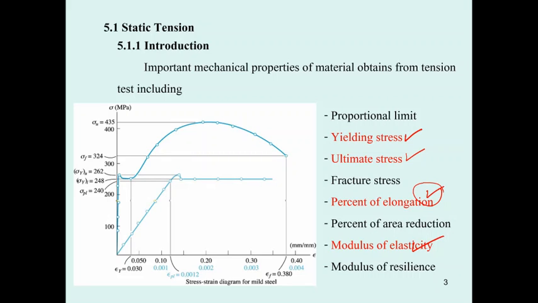This kind of mechanical property is obtained from the tension test. So we do the tension test, we plot the stress strain diagram curve, and then we determine the specified mechanical properties as I mentioned before.